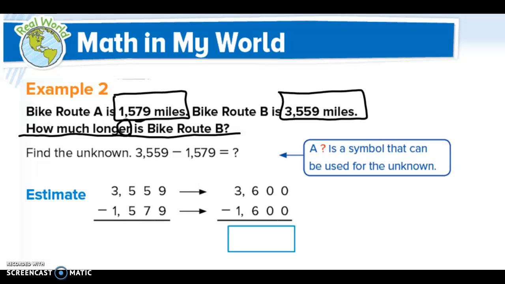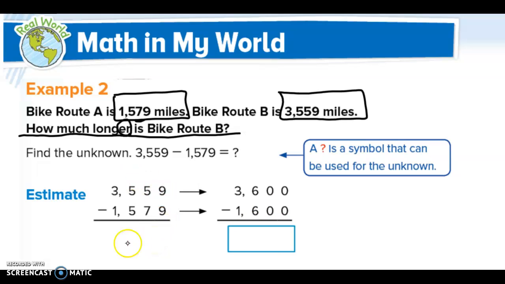But another way of checking to see, is my answer reasonable? Or does it make sense? Or could this possibly be the right answer? Another way to check that is to estimate. And so what this question is doing, after we find our actual answer, we're then going to estimate to see if the estimate is close to our actual answer. If it is, that means there's a really good chance we got it right.